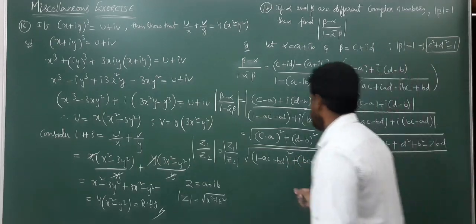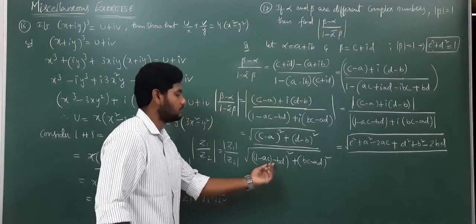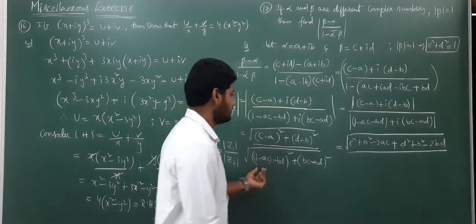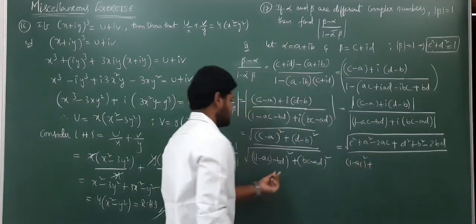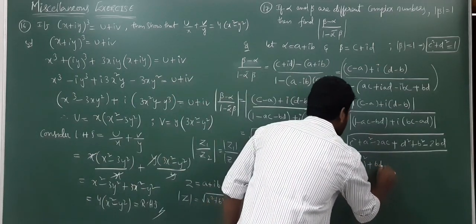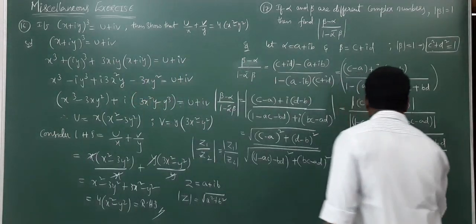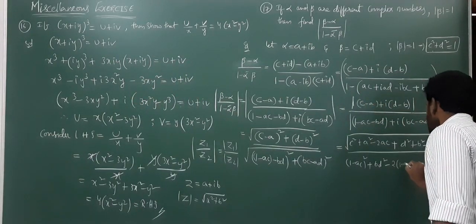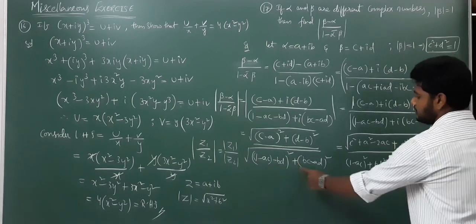Denominator part: here this 1 minus ac you consider in a minus b whole square form. So it will become 1 minus ac whole square plus this bd whole square minus 2 times of this, 2 times of 1 minus ac into bd, plus this one.